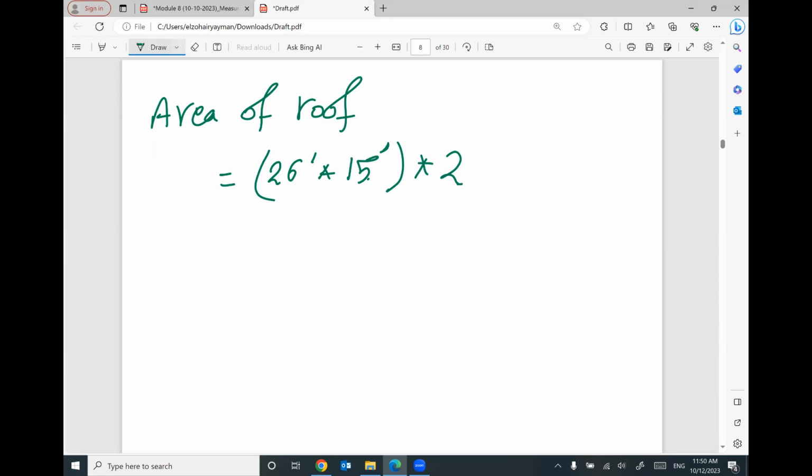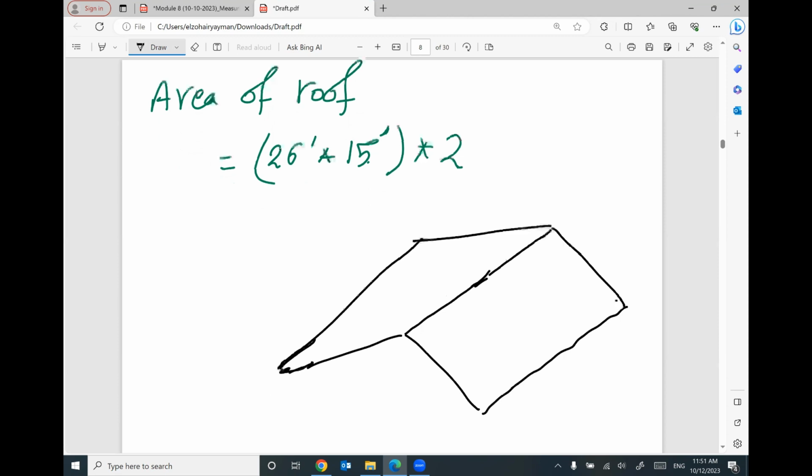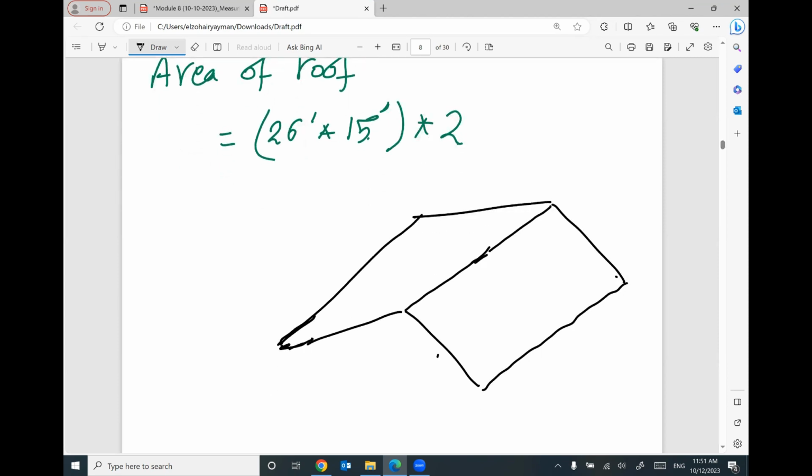Keep in your mind, just to give you a hint. This is the shape of your roof. Looks like this. This length is 15. This length is 26. So the area of one side here is 15 by 26. We have another side, so I multiplied it by 2. I can give you the total area equals 780 square feet.